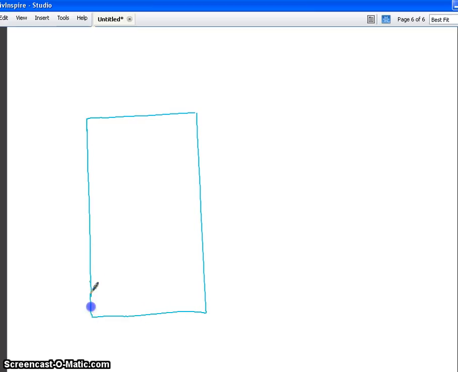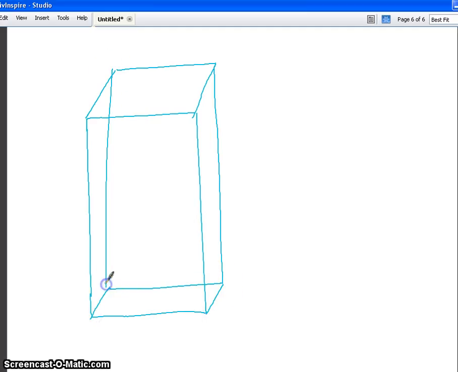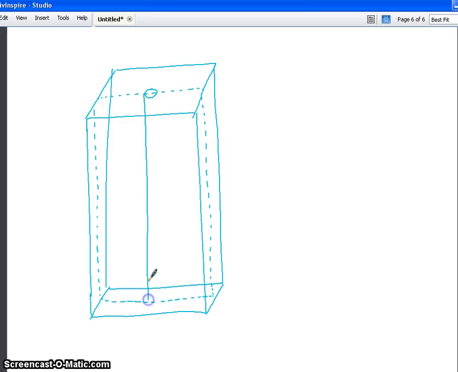Okay, we have a cube like this. I'm going to draw a line in the middle. I'm trying to make a 3D picture here for you. I'm going to draw a wire going from the top of the cube to the bottom of the cube.